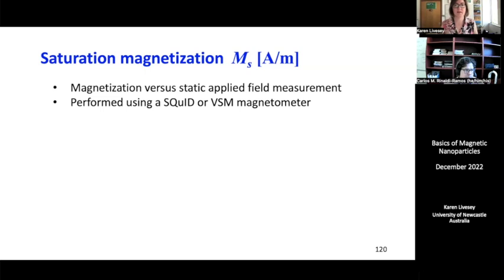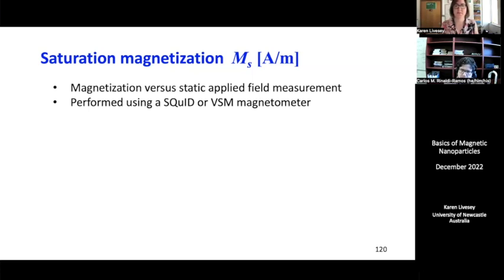A way that we can extract this is by doing magnetization versus static applied field measurements. The more static applied field we put on, the more those moments try to line up with the field. And so we can start probing the saturation magnetization. I've got a plot to show that in a minute.